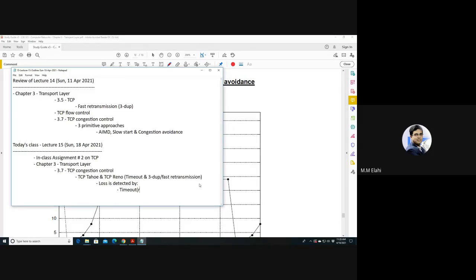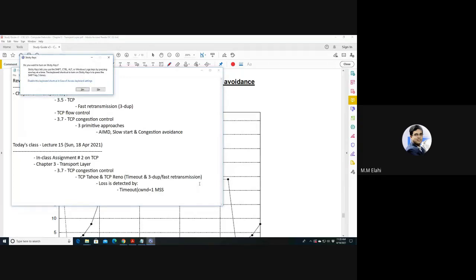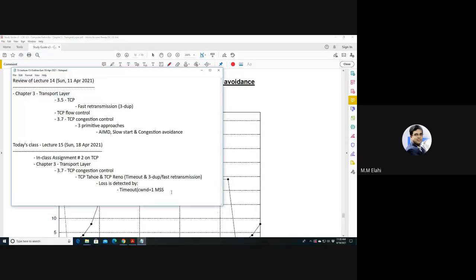We call this the congestion window, C window. It is actually the rate at which a node transmits. So the rate will be 1 MSS, that is one segment per RTT. So that is the rate if timeout.